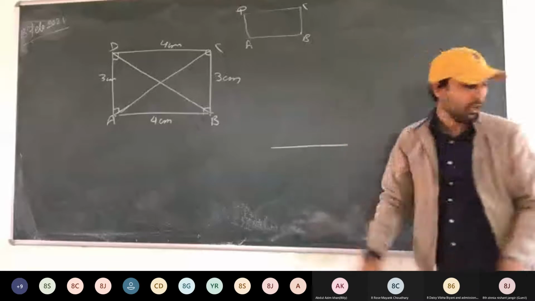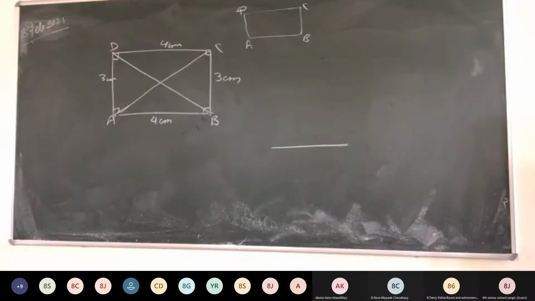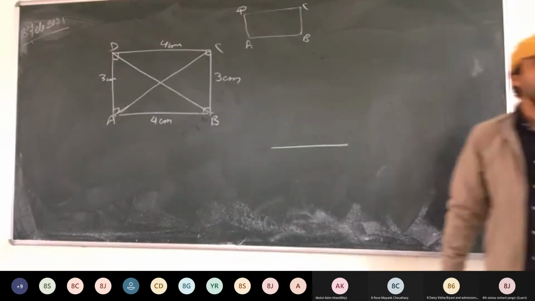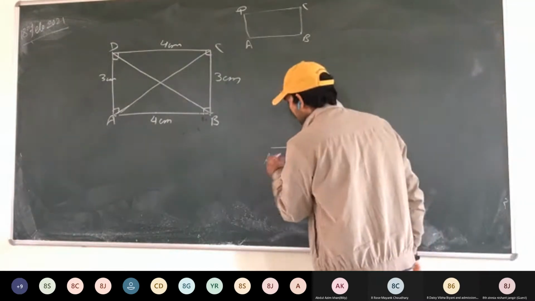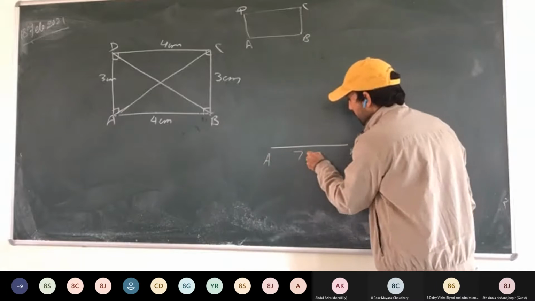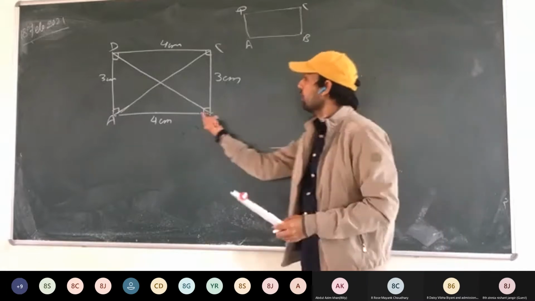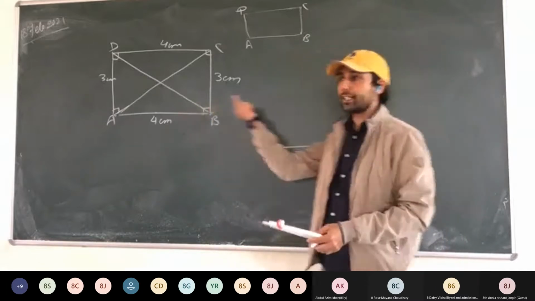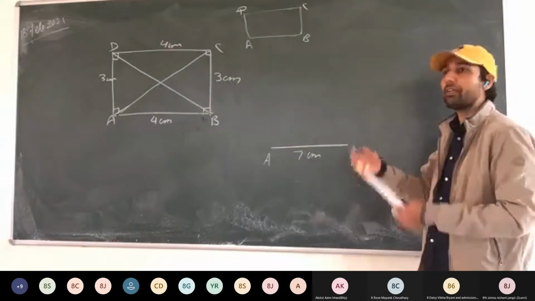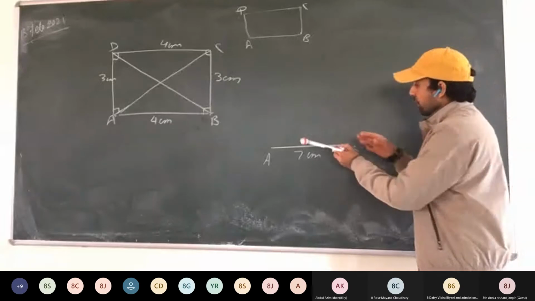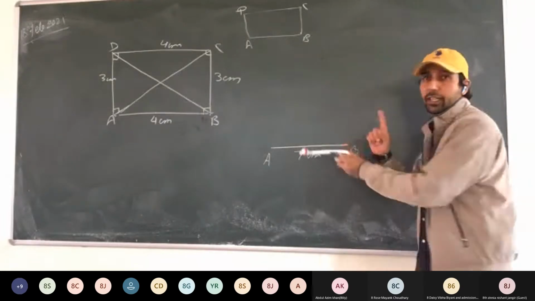So first draw a line AB of 7 centimeters. Now we have to make an angle of 90 degrees at vertex B or A. BC is given, so at B we are making it. Make an angle of 90 degrees.